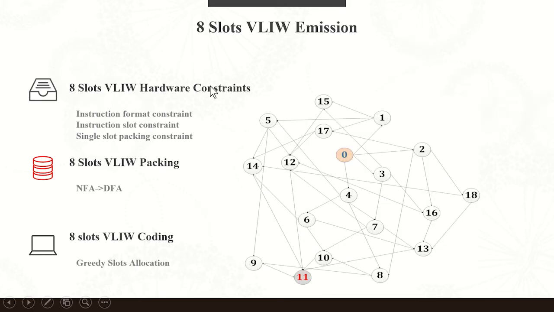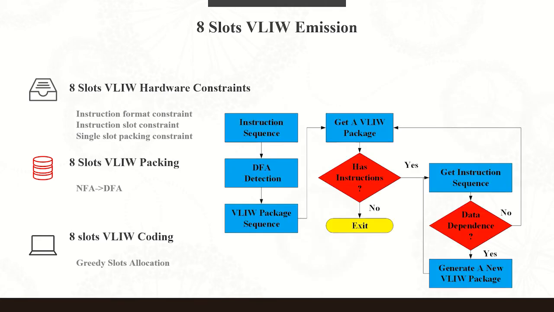And this is a simplified diagram of the DFA for slot state transmission, where state 0 is the start node and state 11 is the end node. The entire S.VLIW packaging algorithm process is shown in the figure on the right.